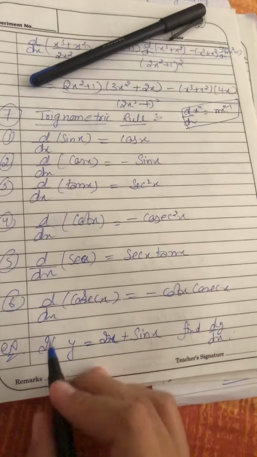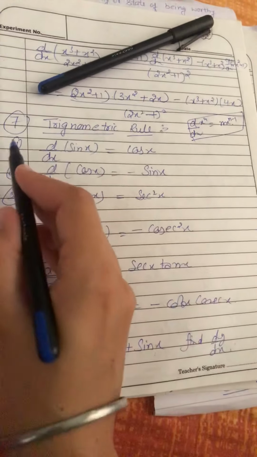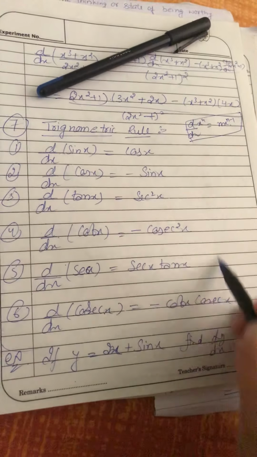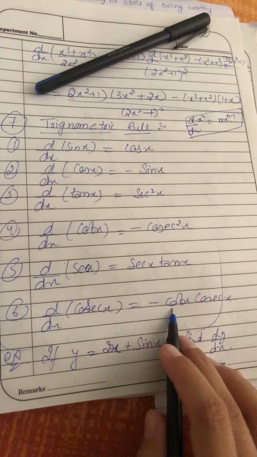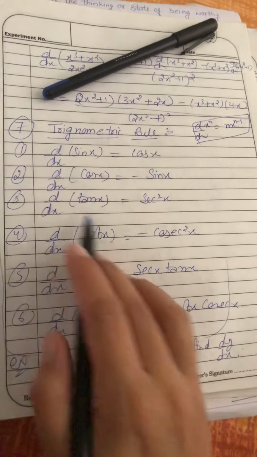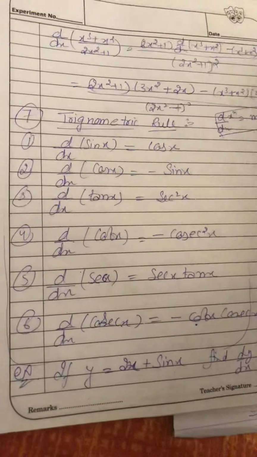In this way we can directly write the differentiation of trigonometric functions. So these are the formulas for trigonometric differentiation.